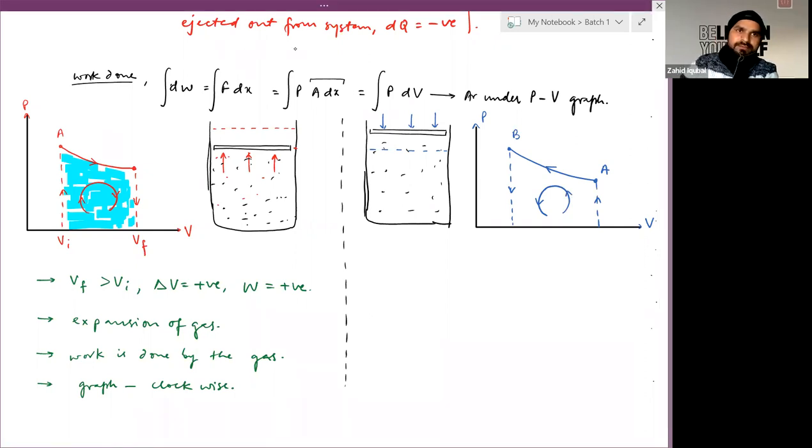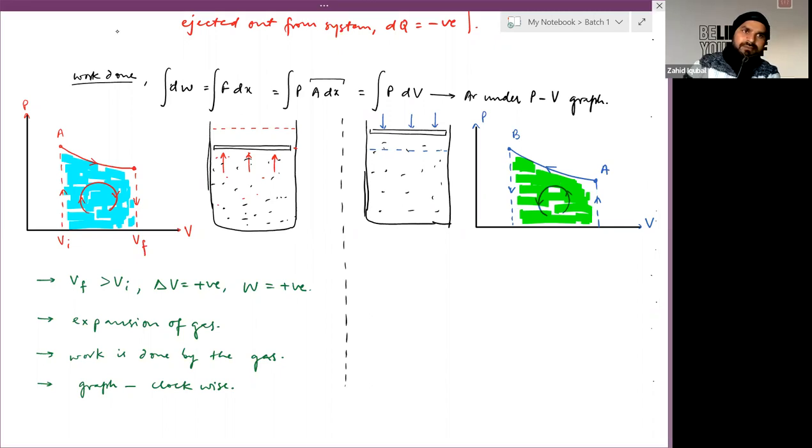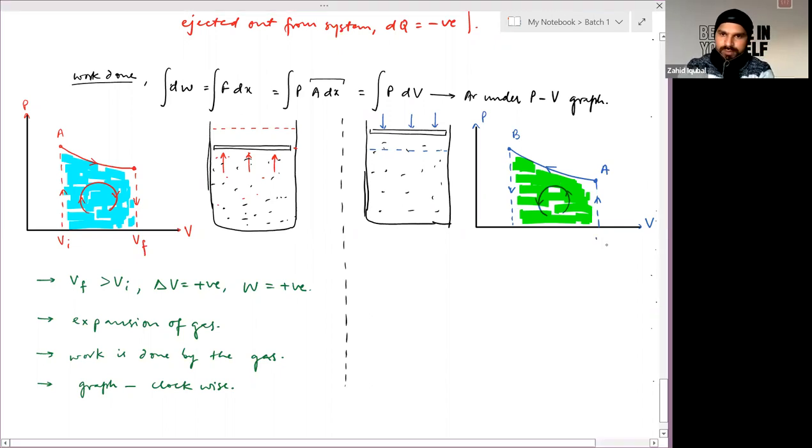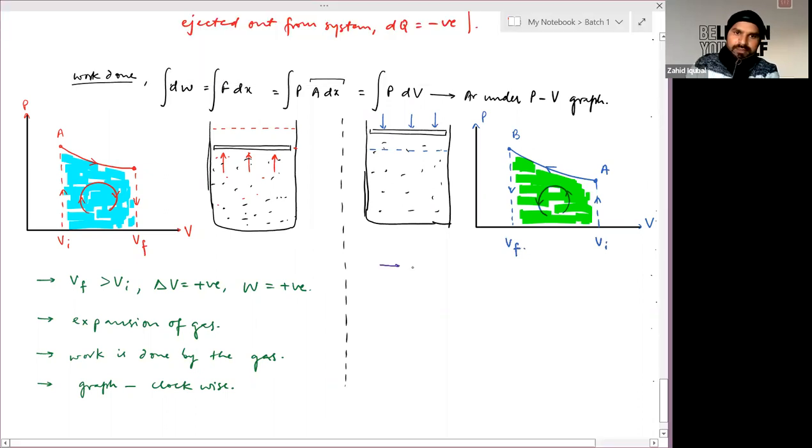So the area under this graph will define your work done for this process. So this is V initial and V final. In the first part, V final is smaller compared to V initial, so the change in volume will be negative and work done will be negative.